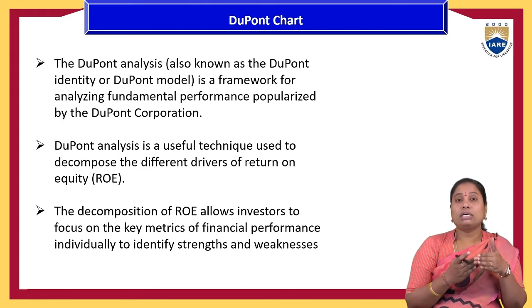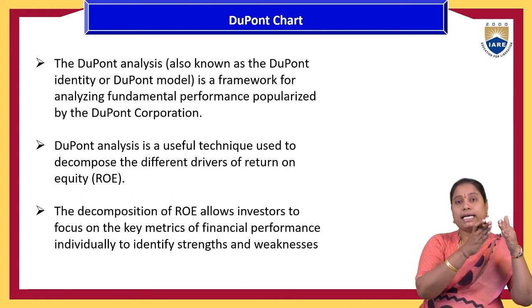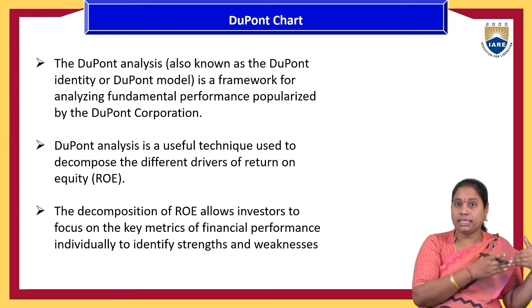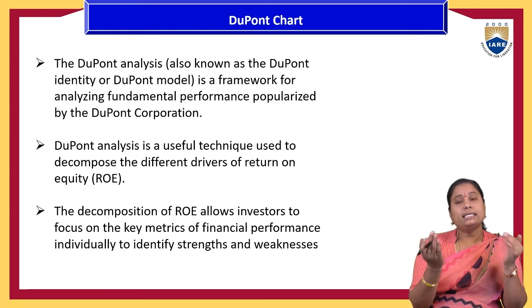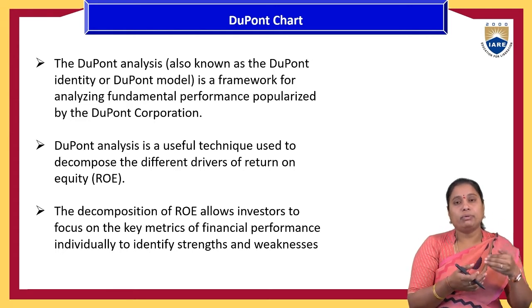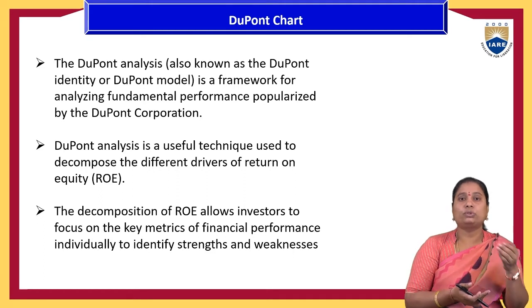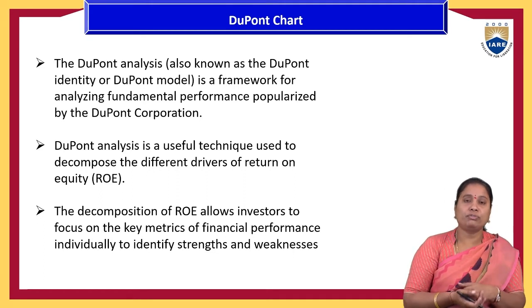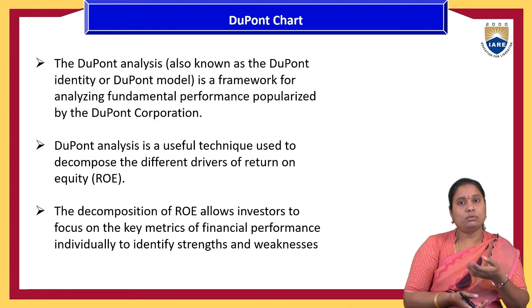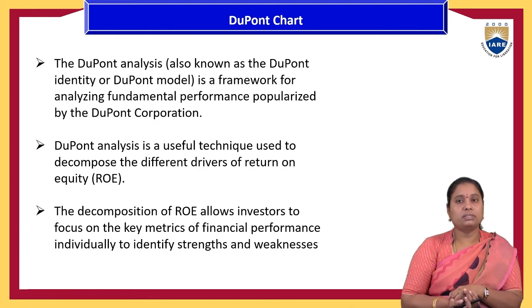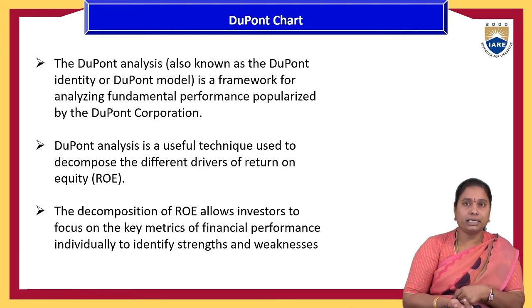Generally, we have seen a flow chart where one activity relates to the next. That interrelation between one activity and another, the strengths and weaknesses, the identification of opportunities, and the threats of the business, everything can be identified with this.